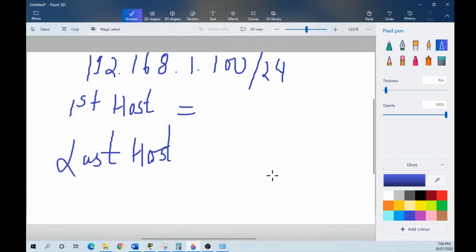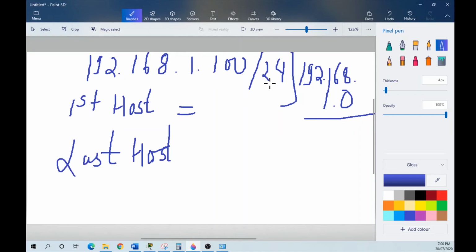Okay, so the network address would be 192.168.1.0, right? Because /24 means it will turn on the bits. It will consider this octet as the network, this octet as the network, this octet as the network, and this one is the host.